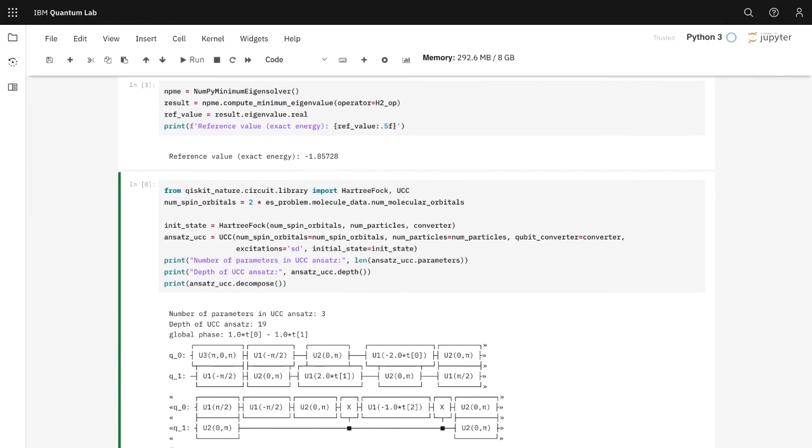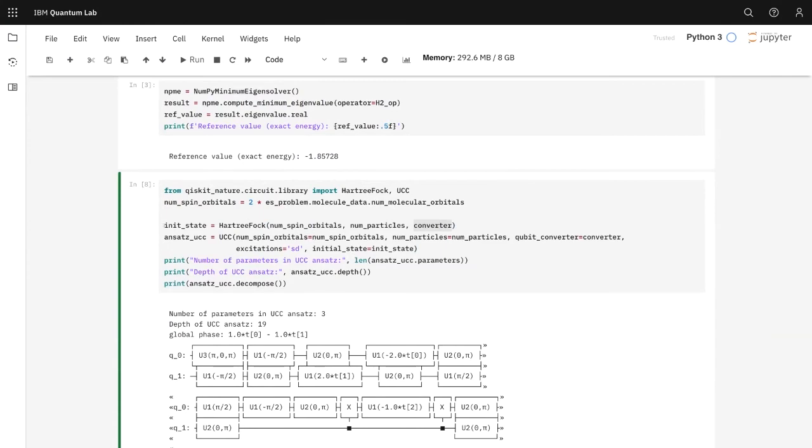So all the orbitals will be doubly occupied, and to construct it, you need to pass the number of spin orbitals, number of particles, and the mapping that you're using.